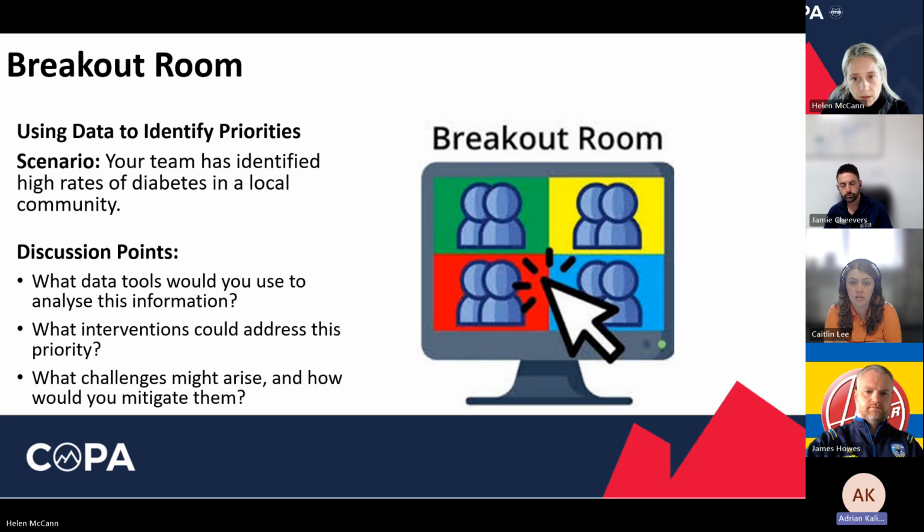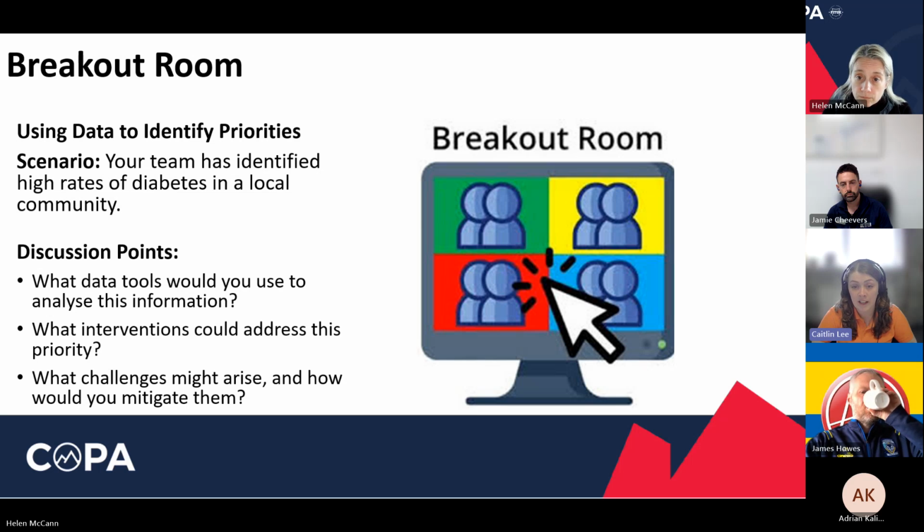What about group 2 then, Caitlin and James? What did you come up with? We were talking about data collection to see whether there are specific targeted areas that have had diabetic screenings previously, and that's why it's been highlighted in that area, whether it's related to age or the socio-economic factors within that demographic and area.